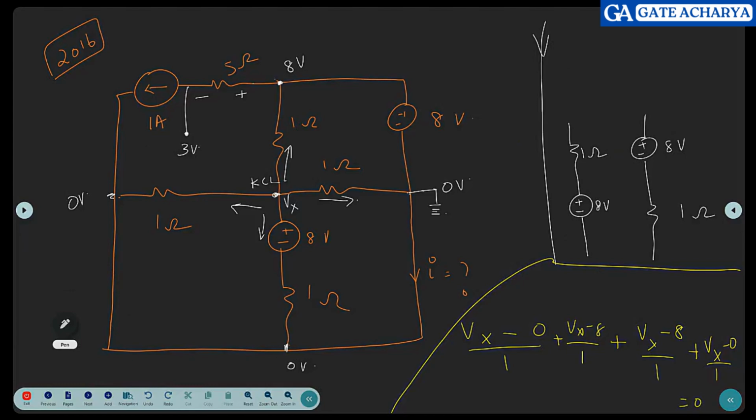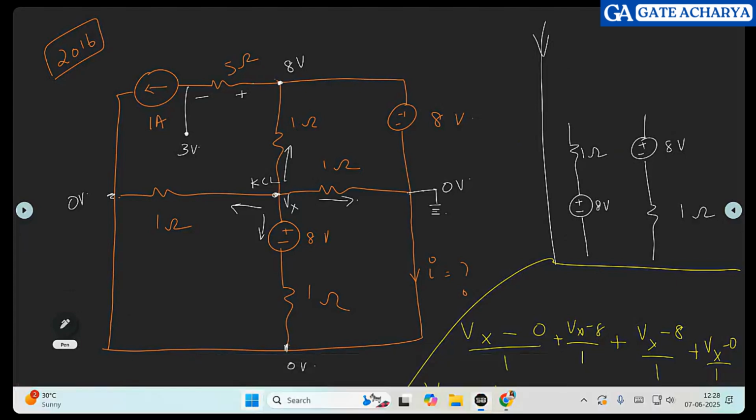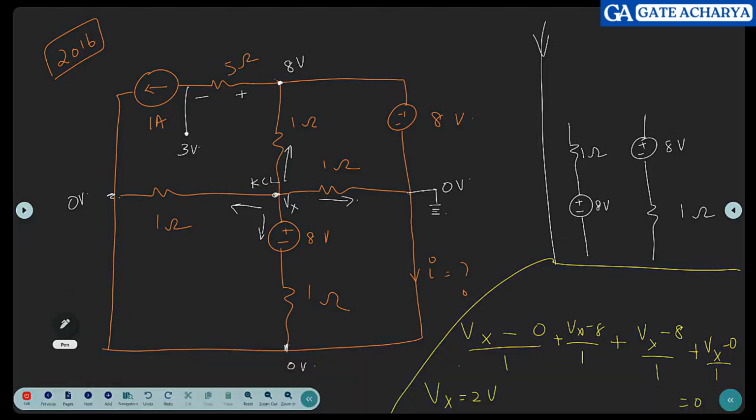How much will it be? Vx is 2, right? 2 volts. Now I know Vx, 2 volts. No, it's 16. 4, sorry. 4 volts. Now you know this voltage.